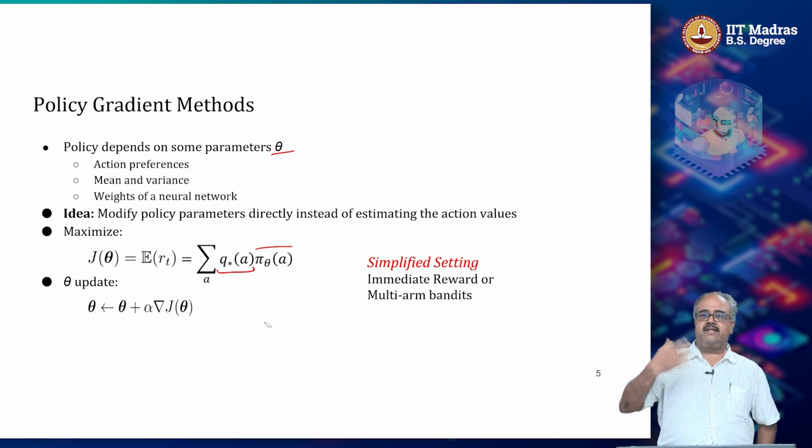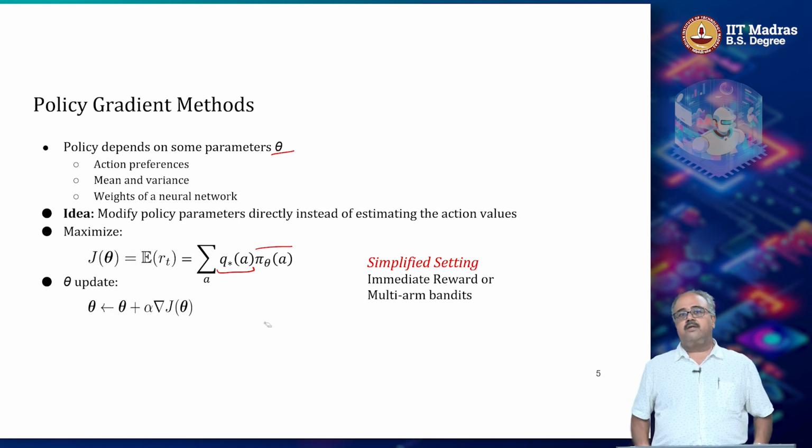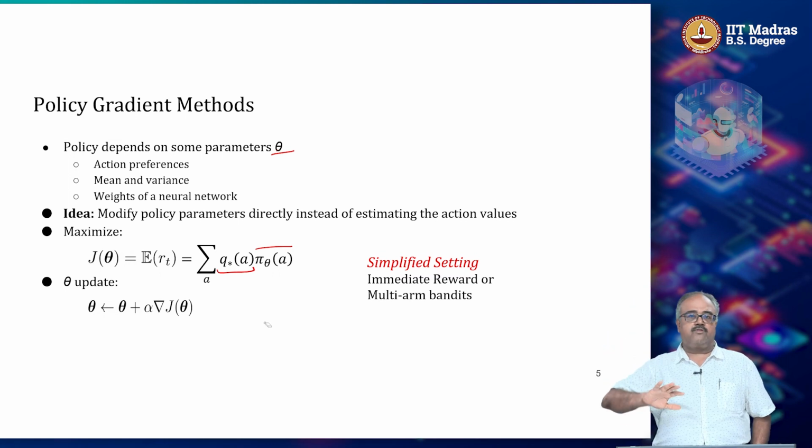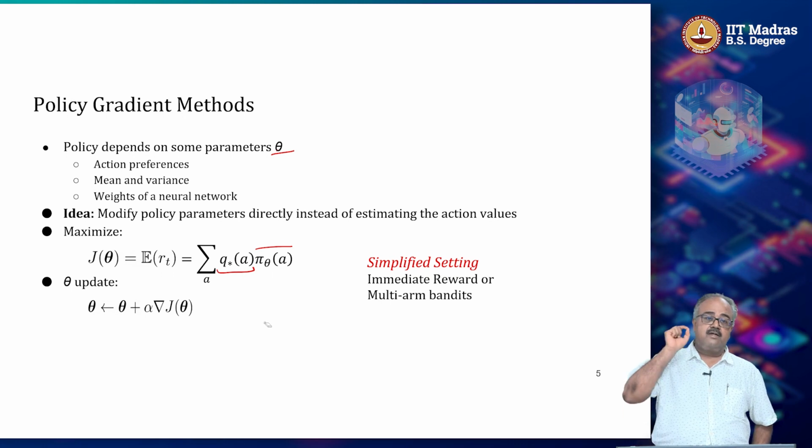Just like we have Q star of s, a, the maximum expected reward you can get, likewise q star of a is the expected reward you can get for pulling action a. If you keep pulling action a repeatedly, then q star of a is the true expected reward. You would have an estimate of this expectation as you are learning, and sometimes the estimate may be above the true q star, sometimes below. Just to give you a sense, this q star of a will be the mean of the Gaussian.